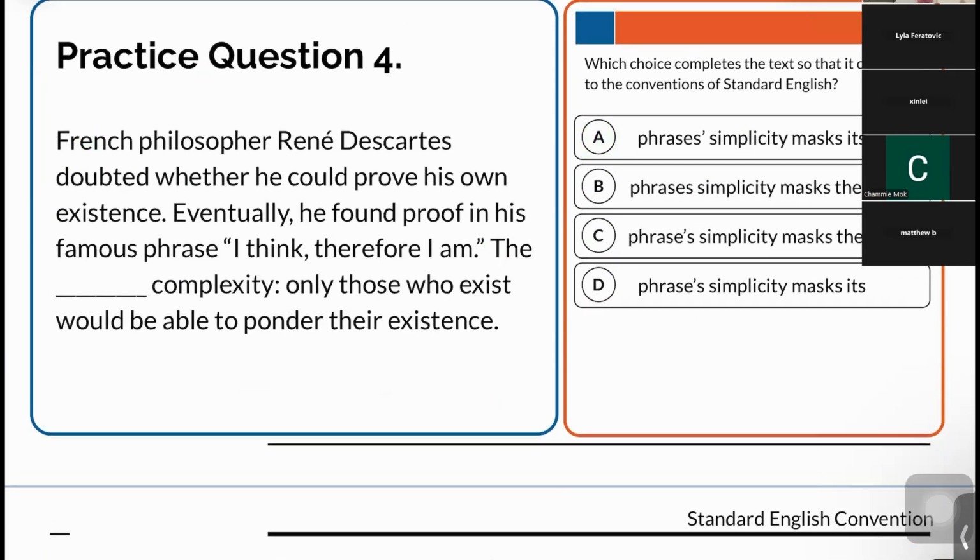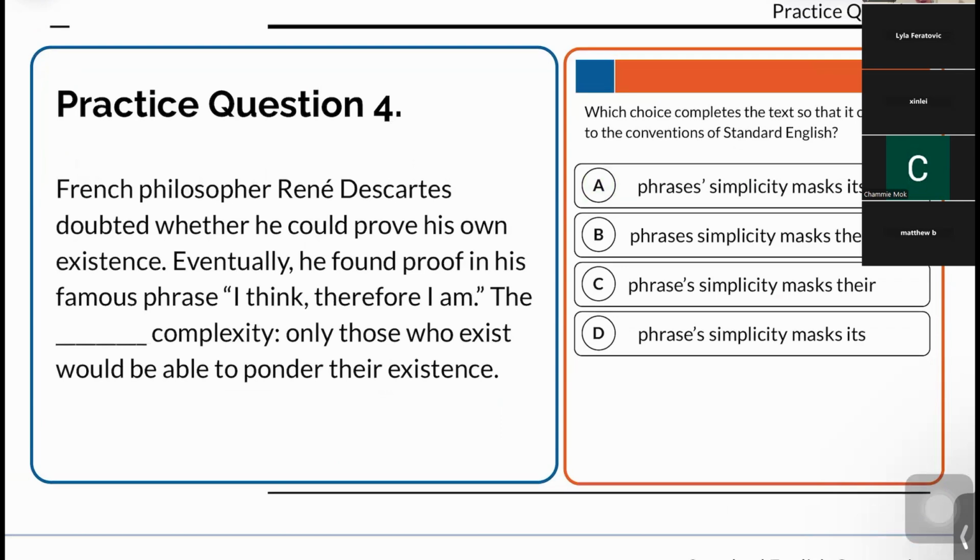All right, so another one that's more about the apostrophe and putting it in the right place. I'll give this one a read and we can break it down. French philosopher René Descartes doubted whether he could prove his own existence. Eventually, he found proof in his famous phrase, I think, therefore I am. The blank complexity. Only those who exist would be able to ponder their existence.